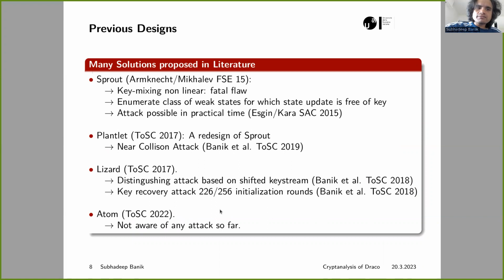Lizard was another design presented in FSE of 2017, and there are some attacks reported against Lizard in the FSE of the following year. Atom was another design presented in FSE last year, and we're not aware of any attack report against it.